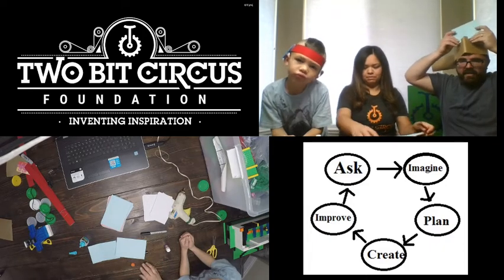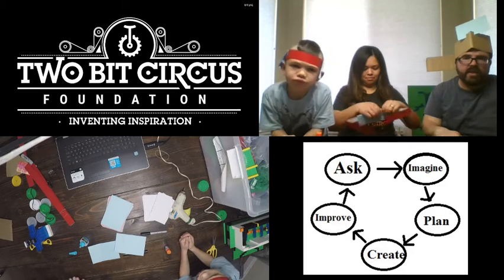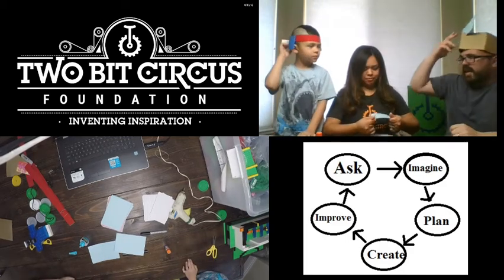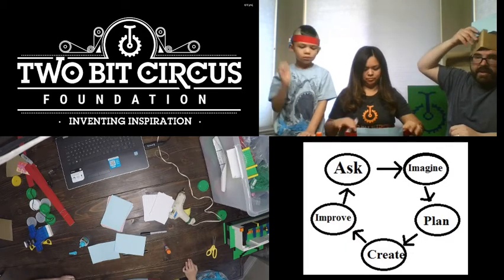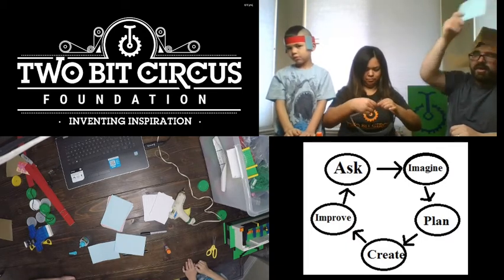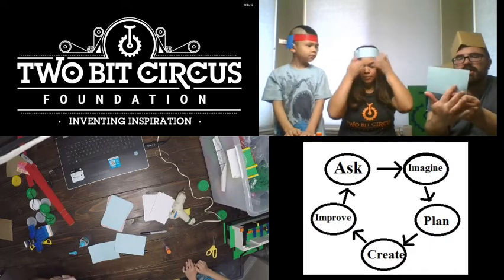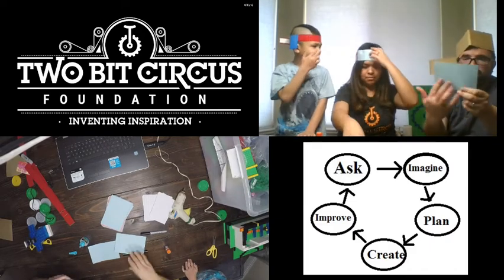As soon as we finish our headbands here, we are going to get started playing. And the way the rules are going to work, the first time we do this, I'll go first. I'm going to have a card with a word across the front, and I'm not going to know what that word is.